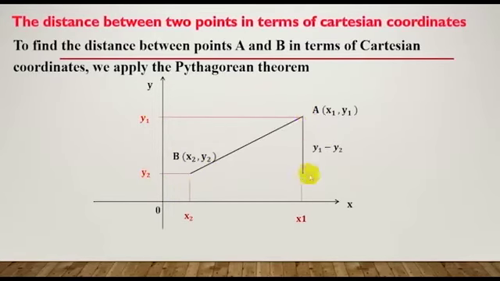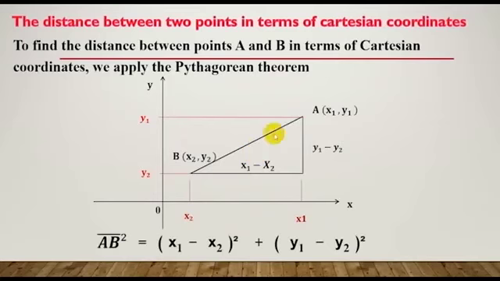So the vertical distance will be the difference between y1 and y2, and the horizontal one will be the distance x2 minus x1, and this will be the chord between them.